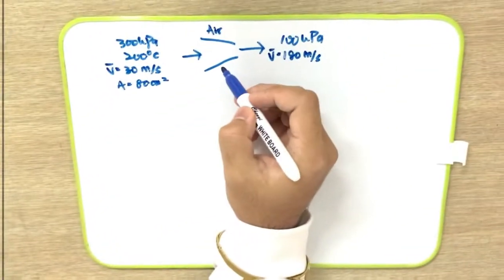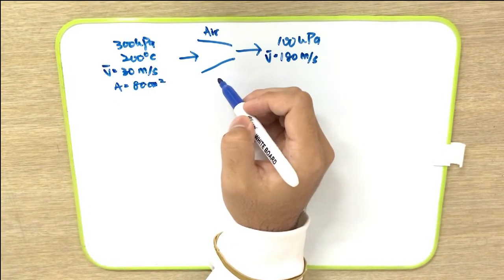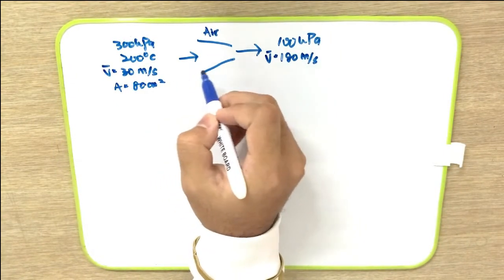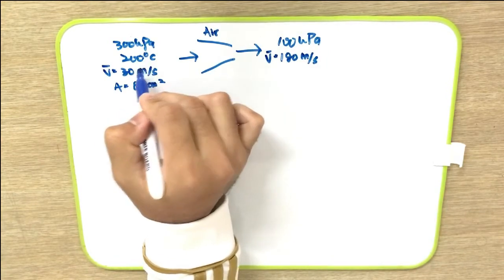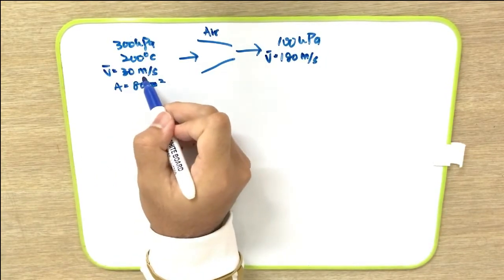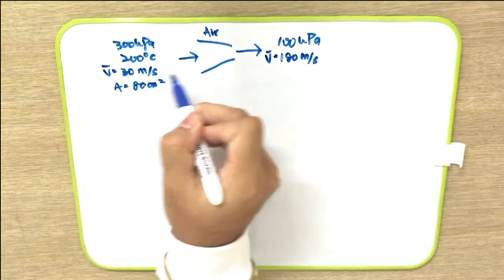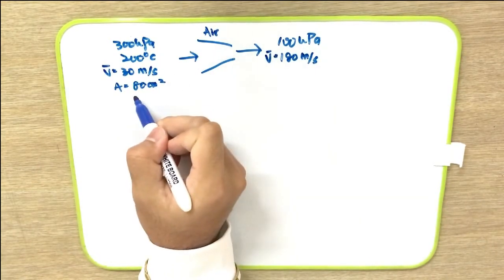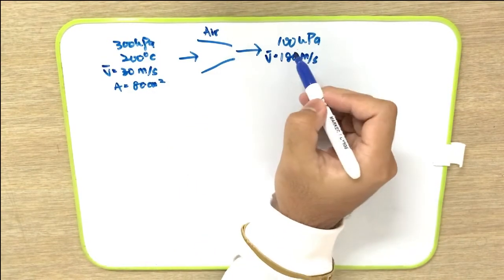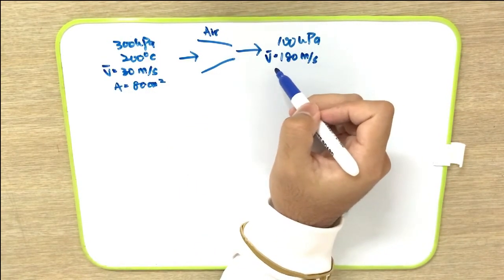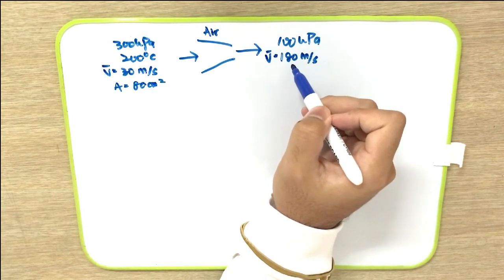In this question, we have the adiabatic nozzle in which the air will go through this nozzle at 300 kPa, 200 degrees C with the velocity of 30 meter per second, and the area for this inlet nozzle is 80 cm square, and it will leave the nozzle at 100 kPa with the velocity of 180 meter per second.